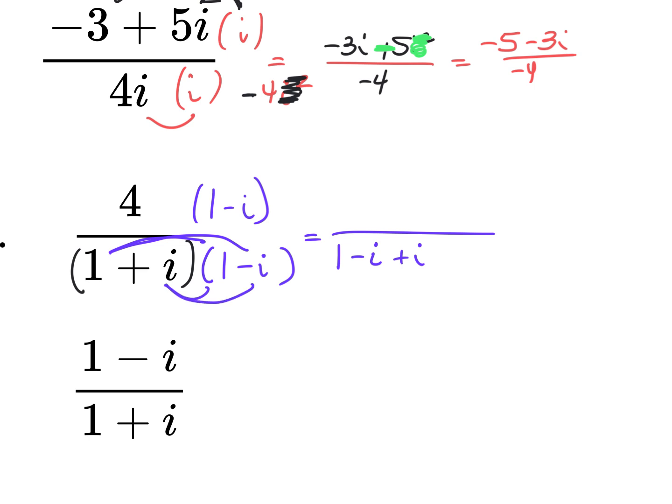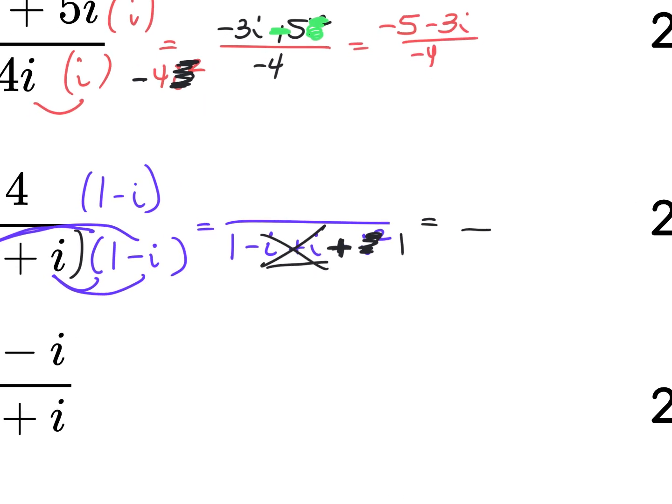And what's i times negative i? Negative i squared. When I see that i squared, I cross it off, and I put what in front of it? I change the sign. So what number's there? There's a 1. So what happens with the i's in the middle right here? They cancel, which is exactly what we needed to happen. So when I add the two numbers on the bottom, what do I get? 1 plus 1 is 2.